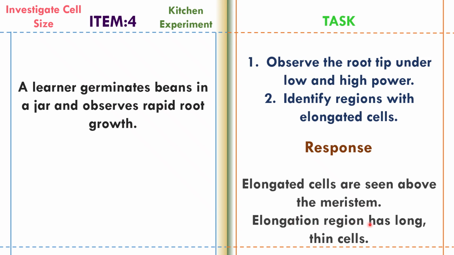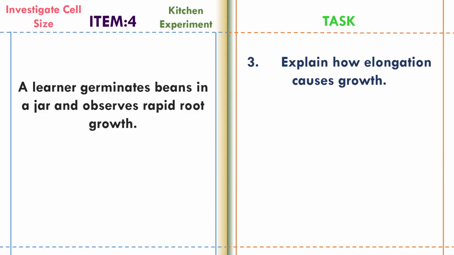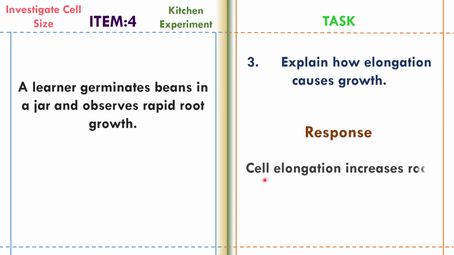The elongation region has long, thin cells. Explain how elongation causes growth: cell elongation increases the root length.